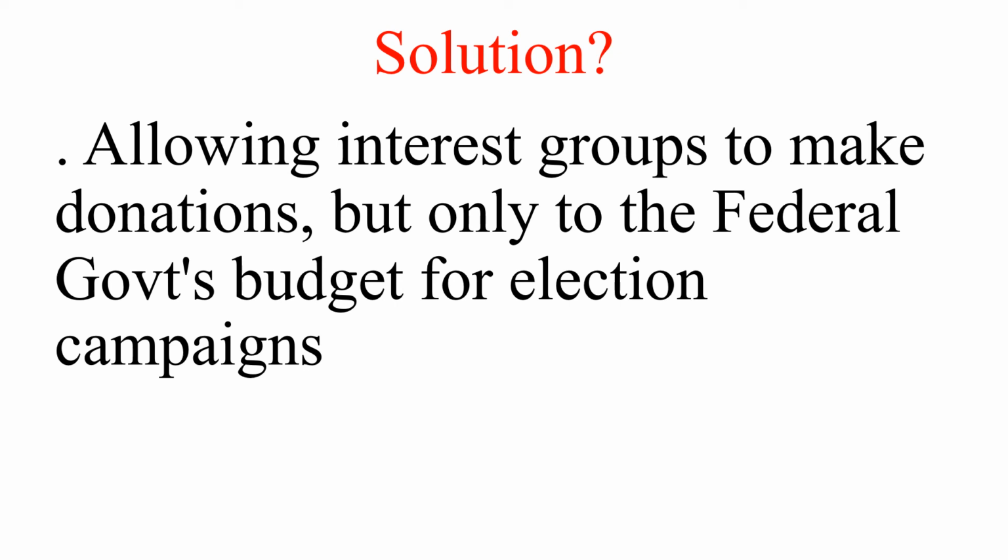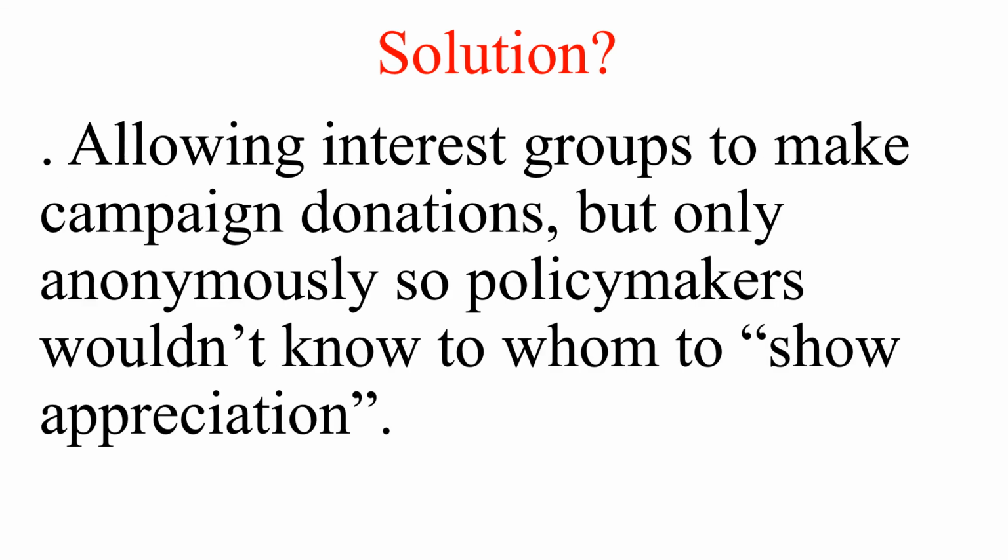That way, campaigns wouldn't know where the money is coming from and which interest groups or lobbying firms to return the favors to. Another idea is allowing both interest groups and money to remain the way it has been, but only allowing donations to be made anonymously, so that the policymakers wouldn't know who to return the favor to or to whom to show their appreciation once they get elected.